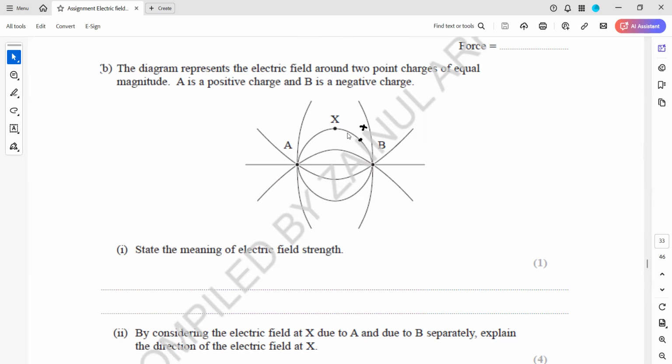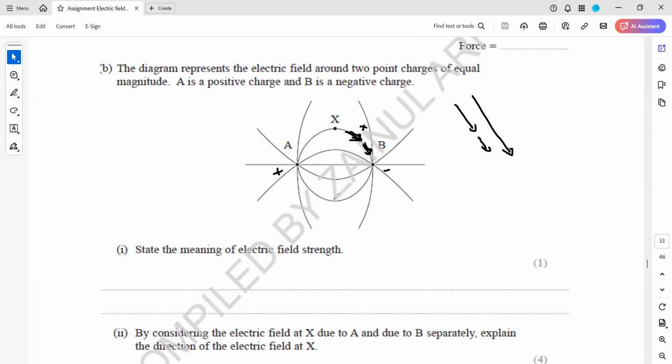This was point X, and A is positive and B is negative. So the direction will be in this way due to A, and the direction of the field or attraction due to B in this way. So when these two combine, the resultant force will be in this direction.